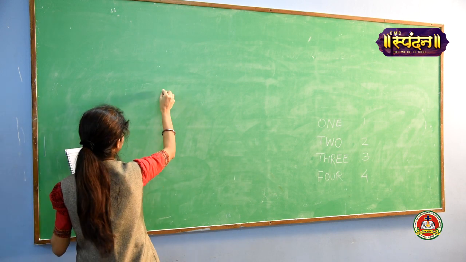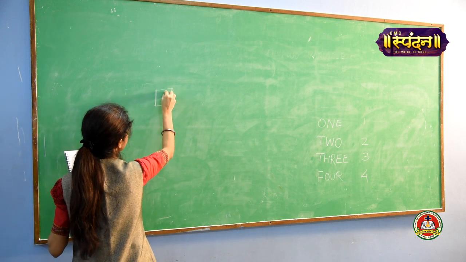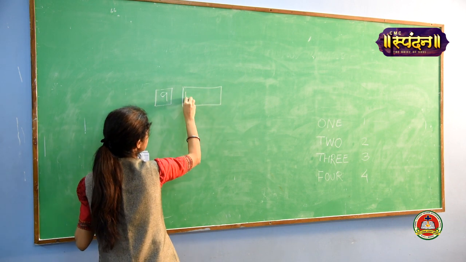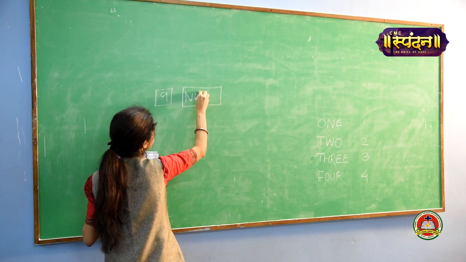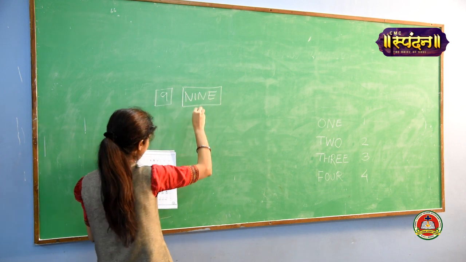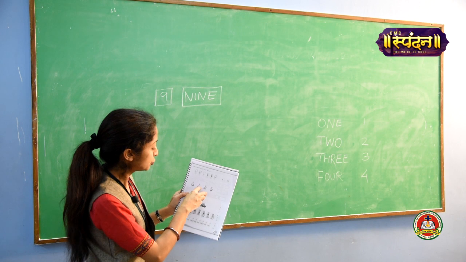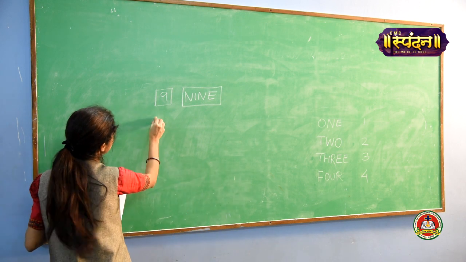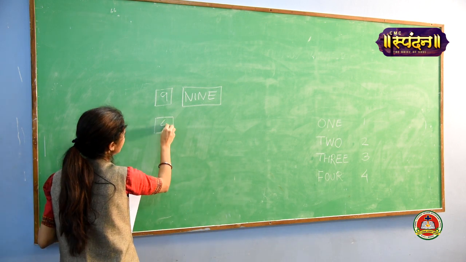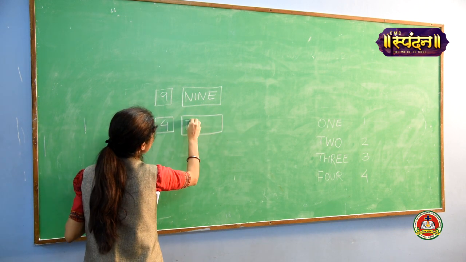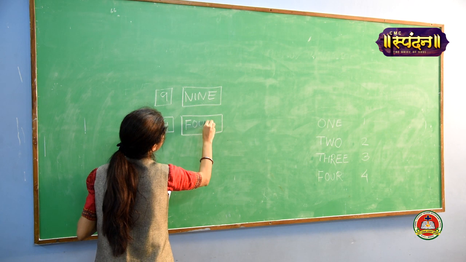We are going to write number 9 in the first box, and in the next box we are going to write its name, that is the spelling, NINE. Okay. Now next you can see the ducks over there, 1, 2, 3, 4. So in the first box we are going to write number 4, and in the next blank we are going to write its spelling, FOUR.